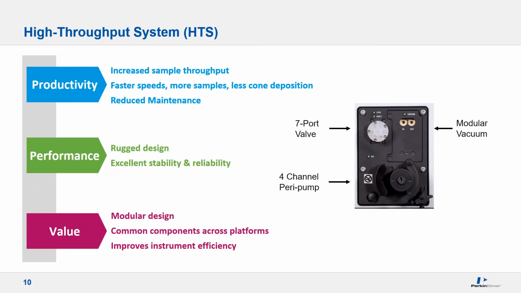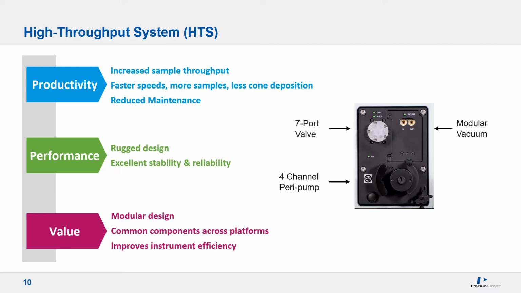In addition, PerkinElmer introduced the High-Throughput System, or HTS. The HTS system consists of a metal-free 7-port valve, 4-channel peristaltic pump, and a high-speed vacuum pump that expedites the sample loading and washout process. The HTS is another tool in your analytical toolbox for better productivity, performance, and value.